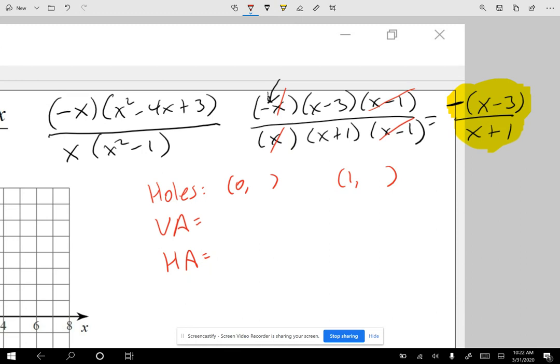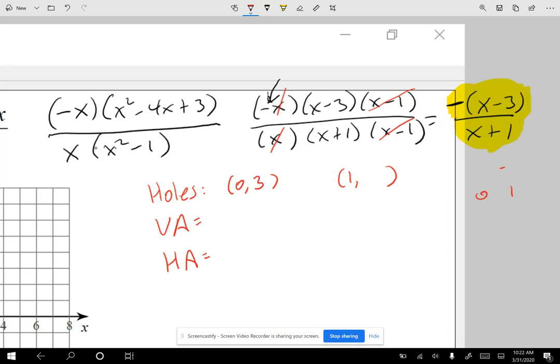So I said, well, if x equals 0, I have negative 0 minus 3 over 0 plus 1. So I have that the y value is 3. Okay, so I plug that in here.